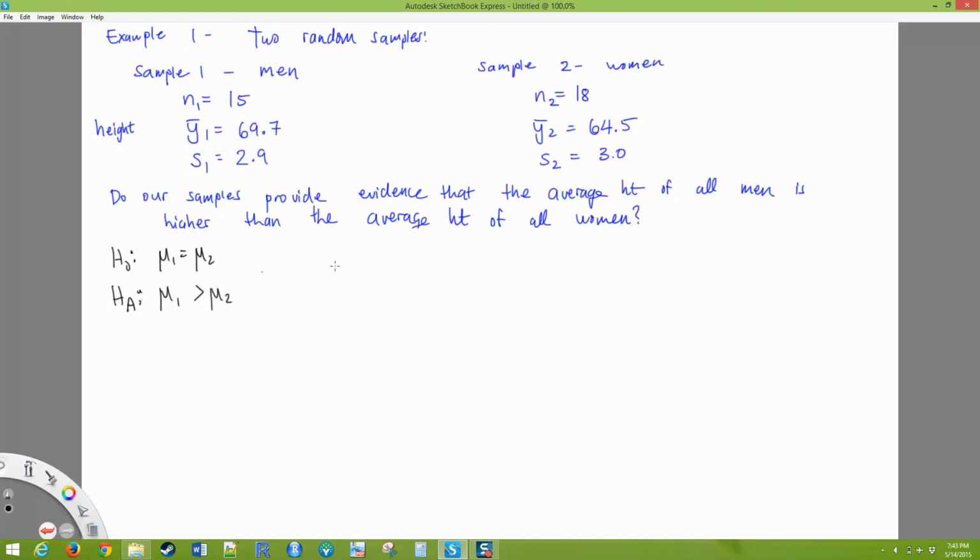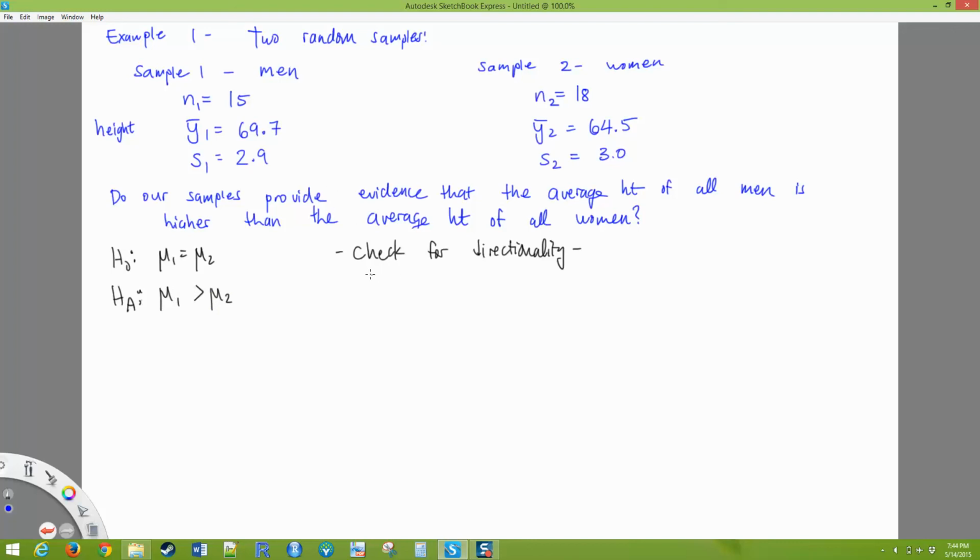So we did our check for directionality. And when we check for directionality, the answer is, does our data match the directionality of our alternative hypothesis? Yes, our data matches the directionality of the alternative hypothesis. So the answer here so far is maybe, okay?